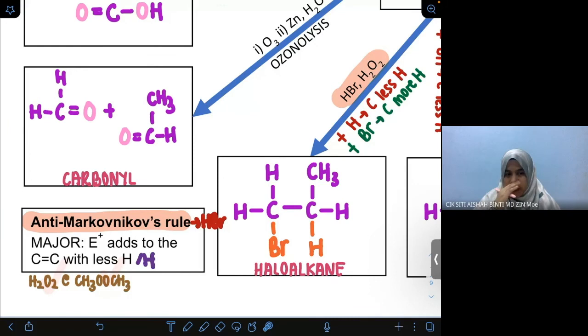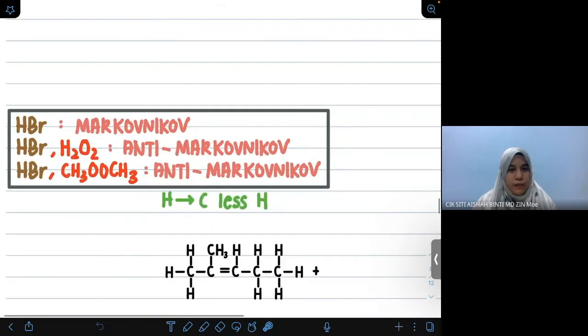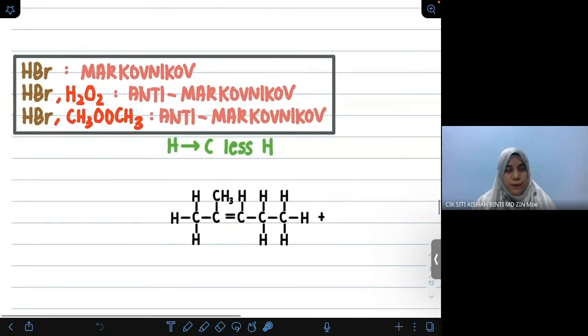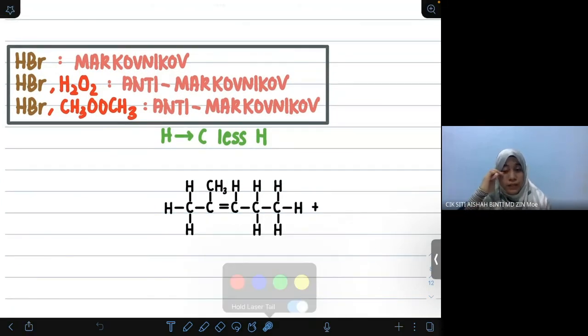Okay, in this case, for Markovnikov we usually talk about hydrogen being added to the carbon with more hydrogen. If anti-Markovnikov, hydrogen will be added to the carbon with less hydrogen. It is a bit reversed. You can copy this into your notes. This is only applicable for HBr, HCl is not applicable.